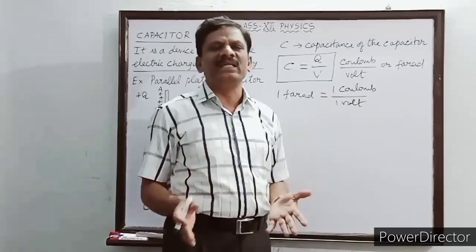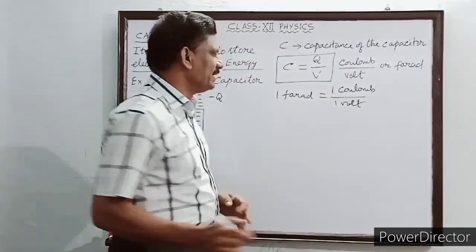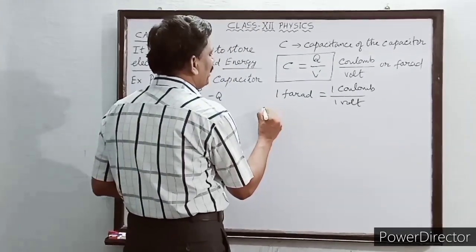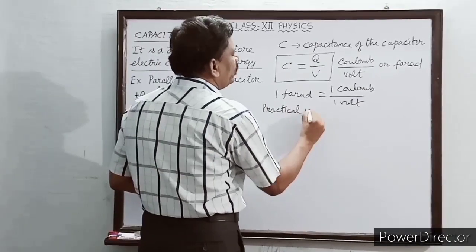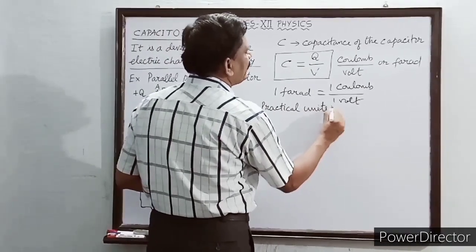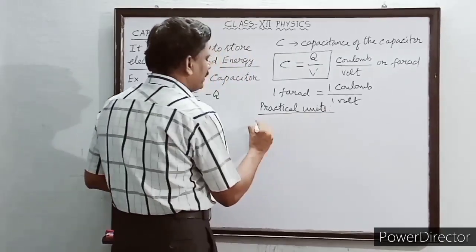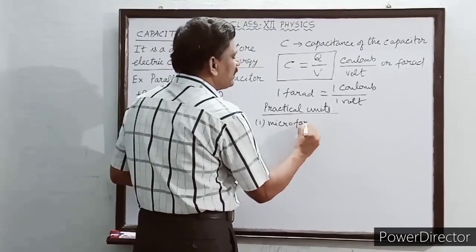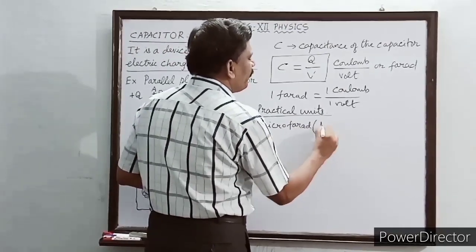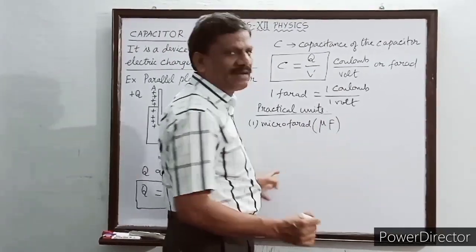Therefore, practically the units of capacitance are different. So what are the practically used units of capacitance? The first one is the microfarad. This is mu for micro and capital F for farad.